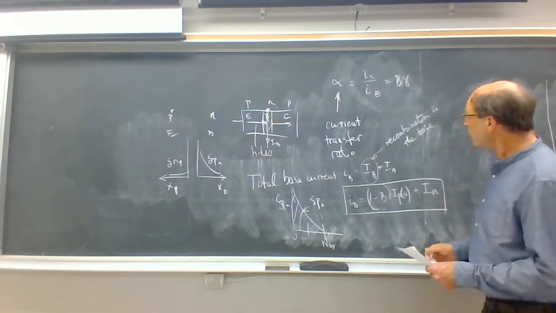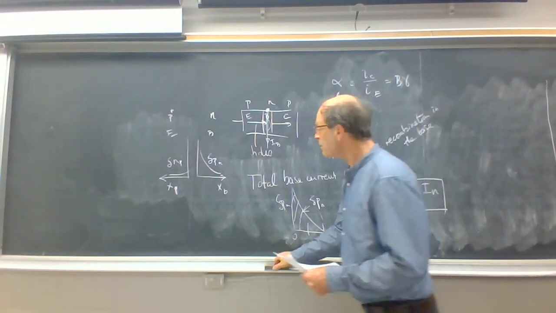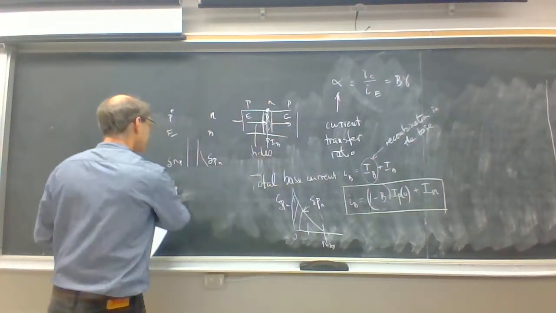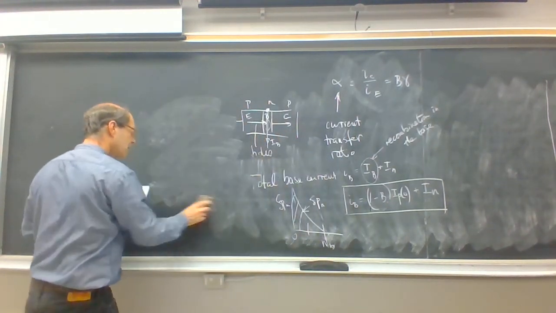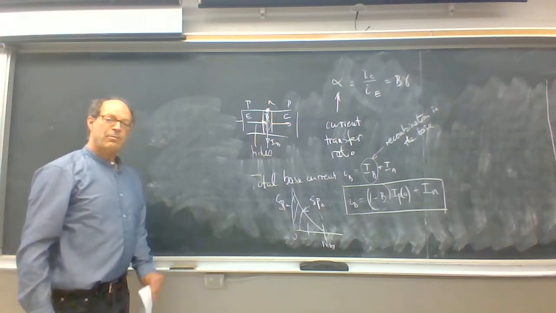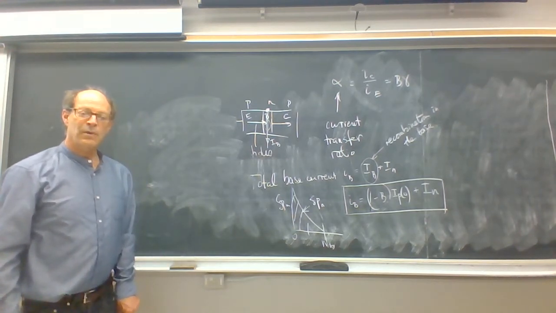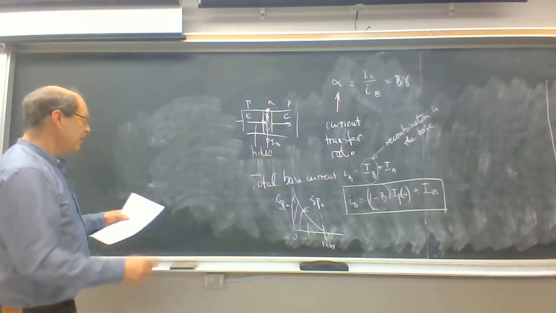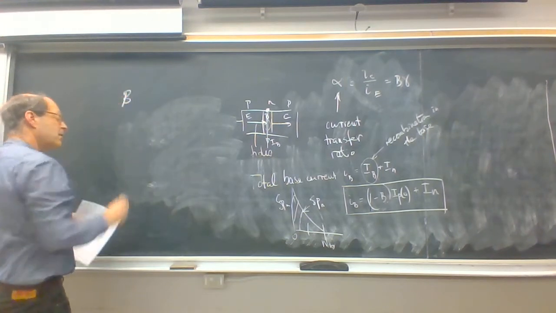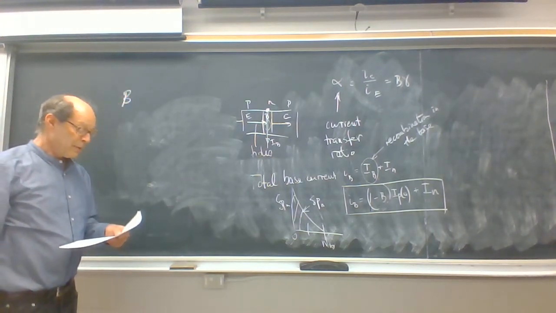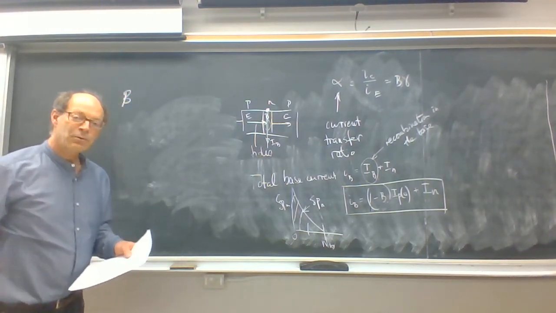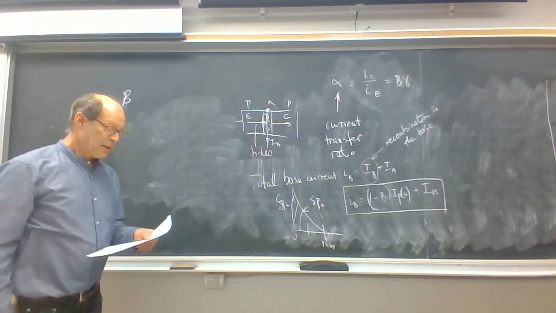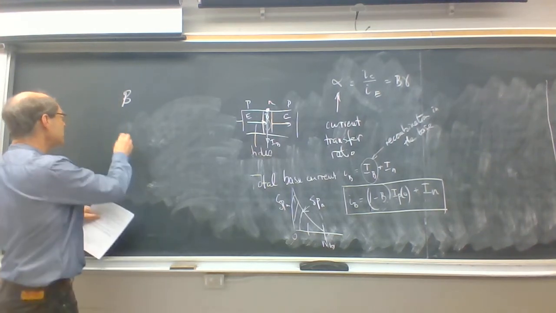Now, we define another parameter, which should be familiar to you if you've ever used a transistor or looked up a transistor in a manufacturer's spec sheet. This parameter is called beta, which is the most widely published parameter for a transistor. It's the collector current amplification factor.